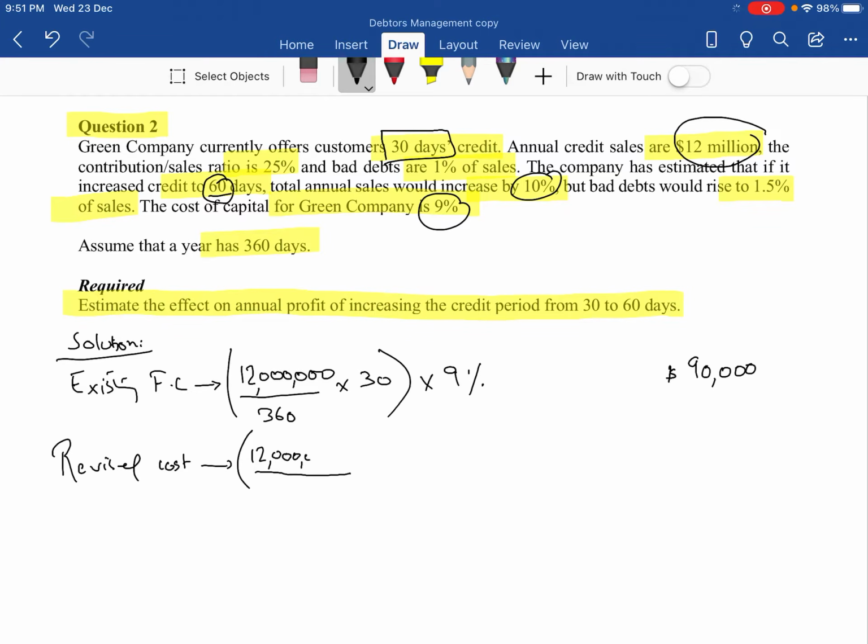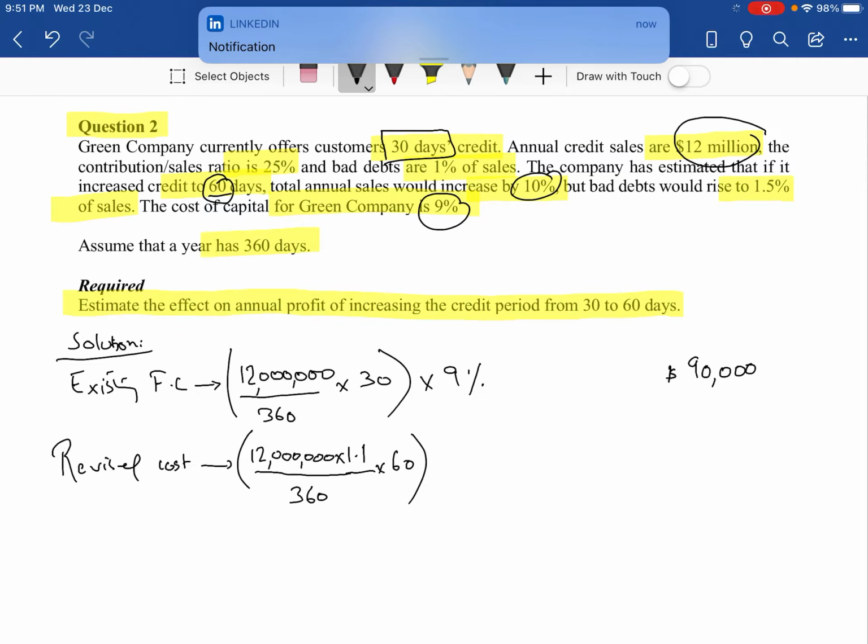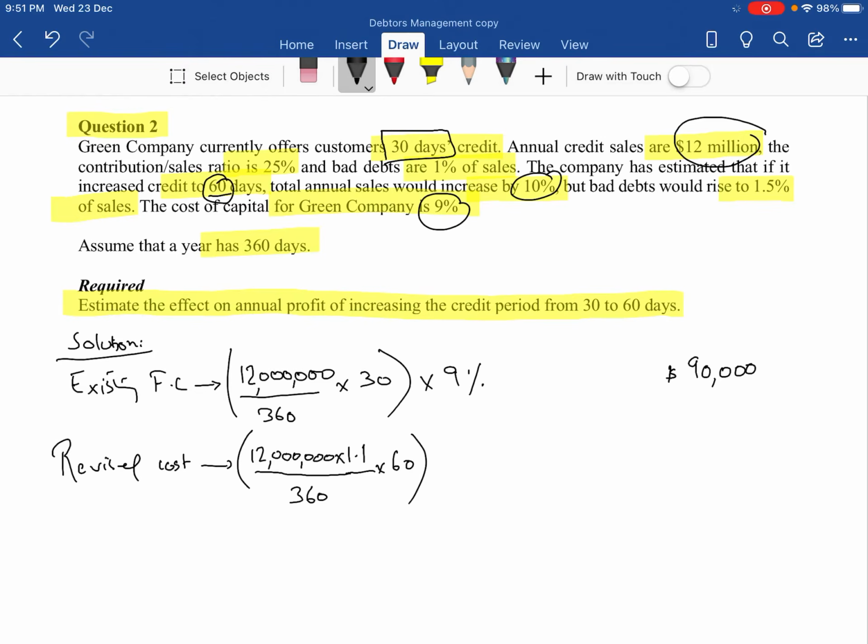So this 12 million needs to be multiplied by 1.1 to find out the revised sales figure, and we need to divide it by 360 and multiply it by 60 to find out the revised receivable figure. So 12 million into 1.1 multiplied by 60 divided by 360, it's 2.2 million, and that should be multiplied by 9%, the cost of finance.